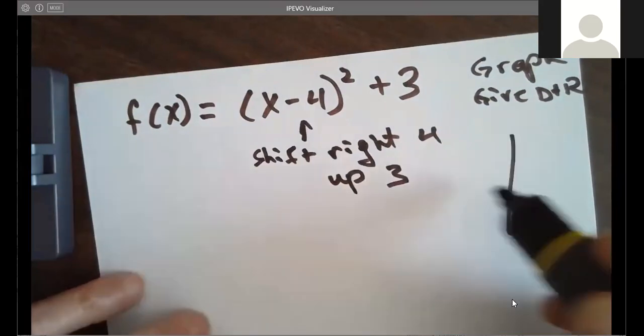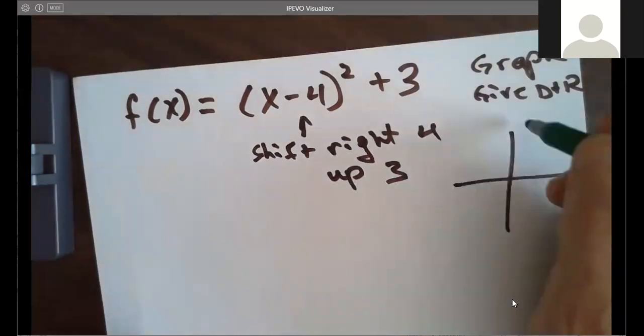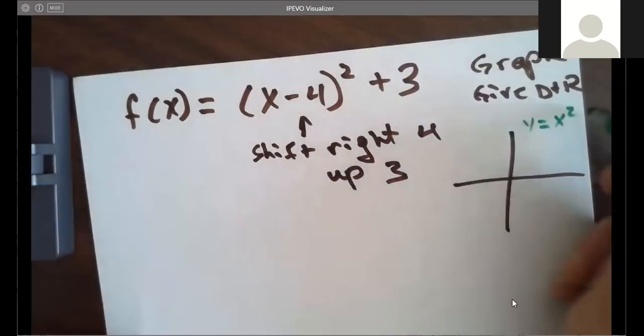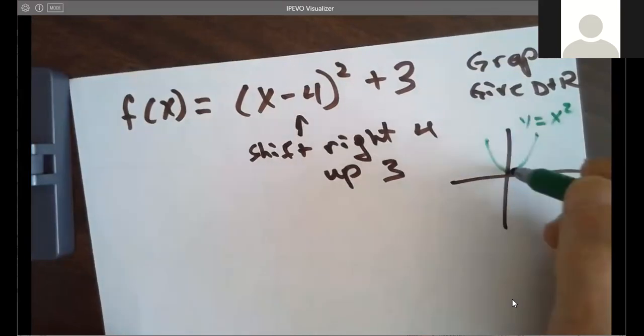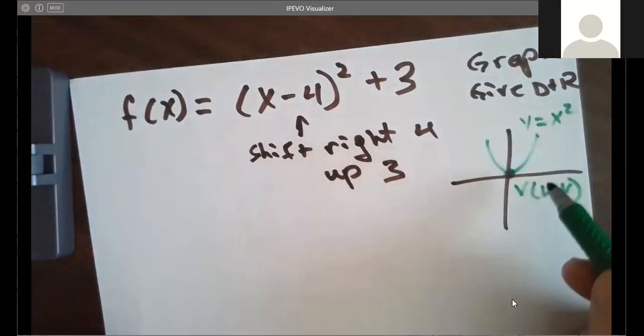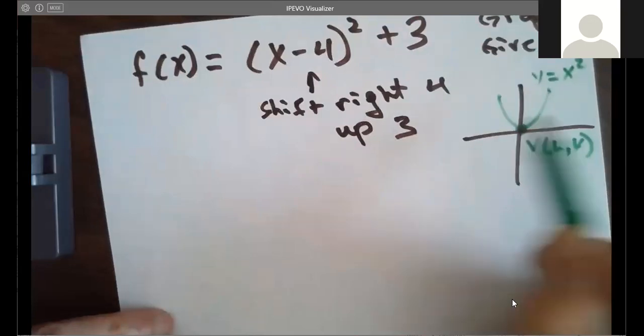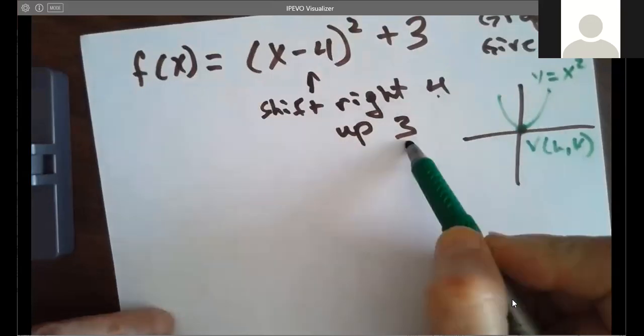If you look at the parent graph, where y equals x squared, here we have this vertex (h, k). This is going to make this point shift right 4 spaces and up 3.